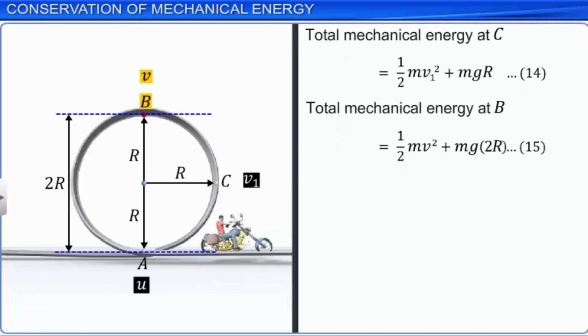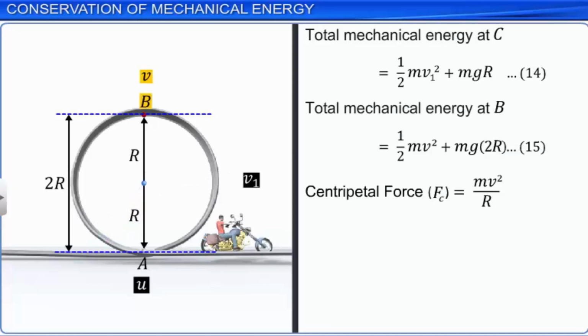As the individual moves on the bike, which is together considered a system, in the circular path, a centripetal force Fc, denoted by mv² by r, acts on the system. At position B, weight mg and normal force Fn provide the necessary centripetal force.